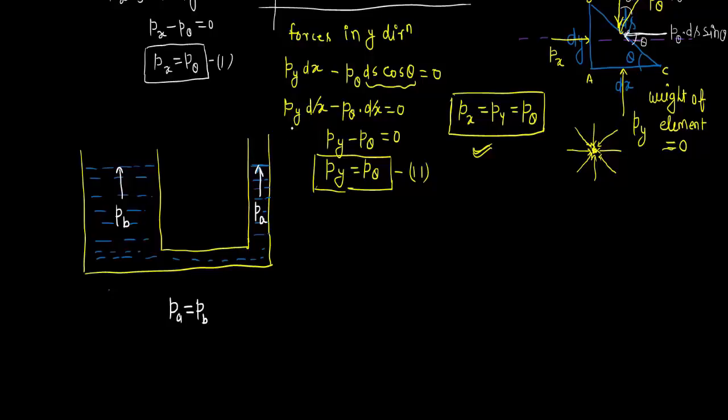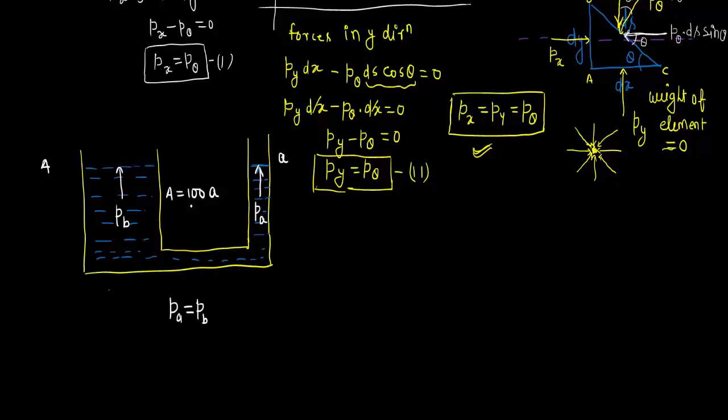Alright, now let me say the cross section area of this container is small a, and the area of this container is capital A, and let me assume that capital A is 100 times small a.